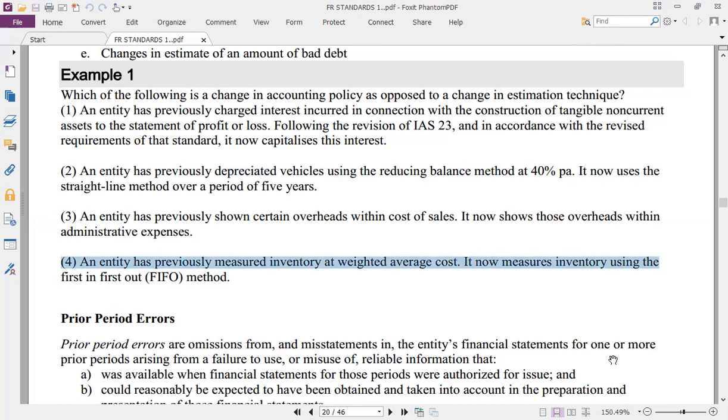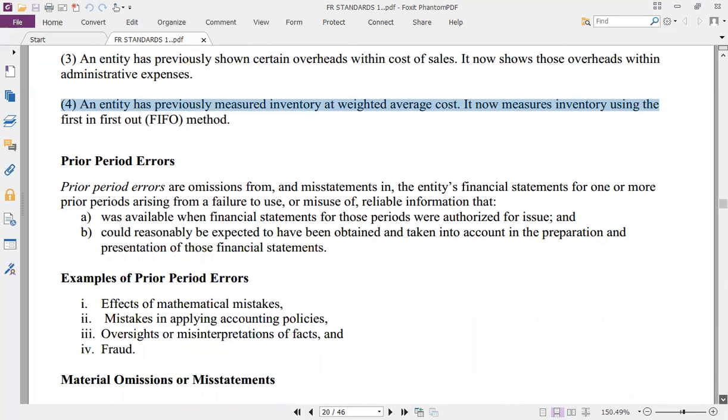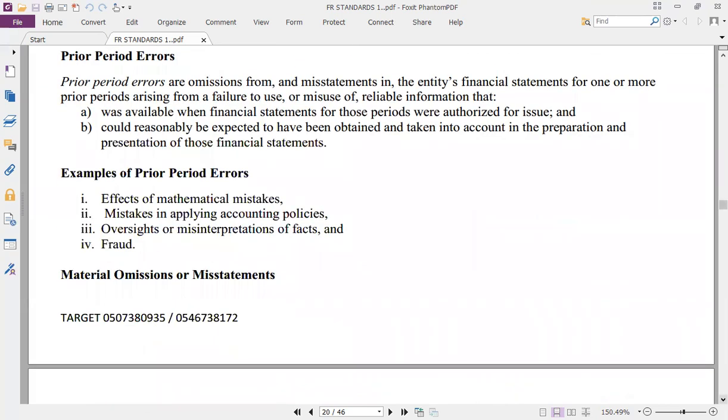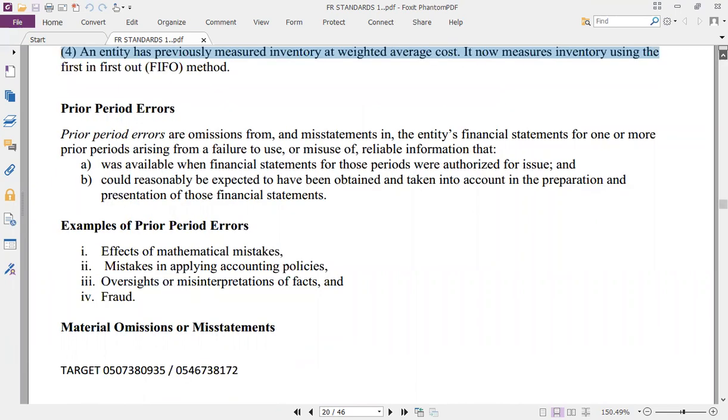That's great. Now let's quickly look at the prior period errors and then you are fine. The prior period errors, and then that is the end of the game. Now the errors. What is the accounting treatment for correction of the errors?